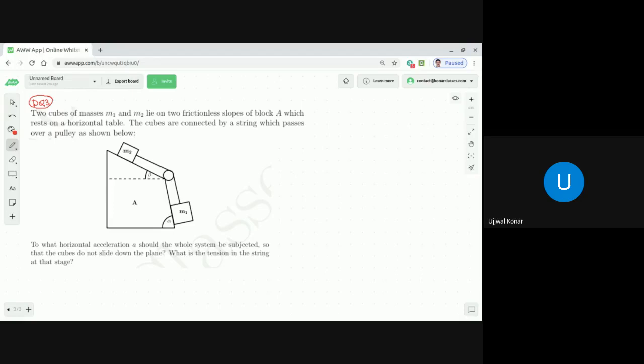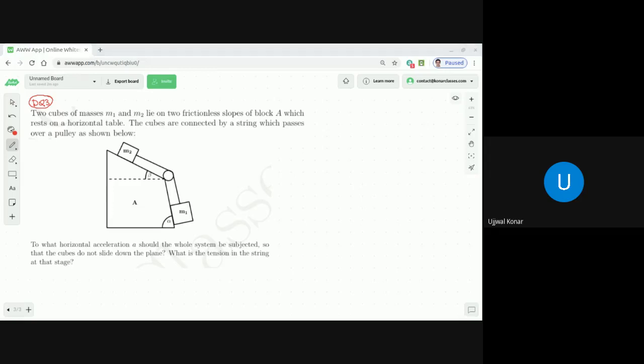To what horizontal acceleration A should the whole system be subjected so that the cubes do not slide down the plane? And the second part is, what is the tension in the string at that stage?